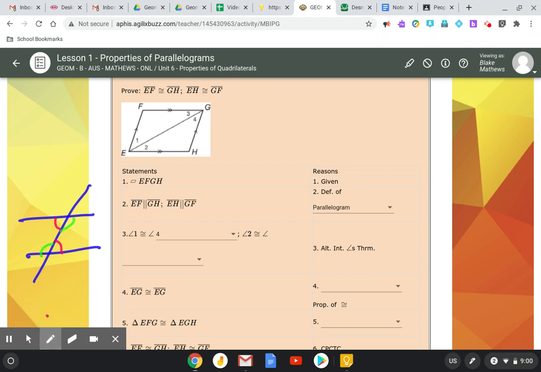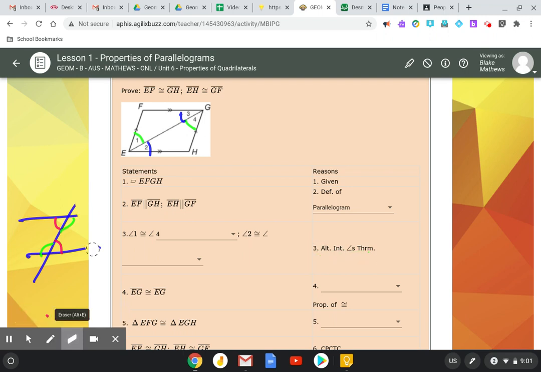And if I could cut this out and put it over here, you would see that actually angle 1 and angle 4 are alternate interior angles, and angle 2 and angle 3 are alternate interior angles. Let me erase all of this.